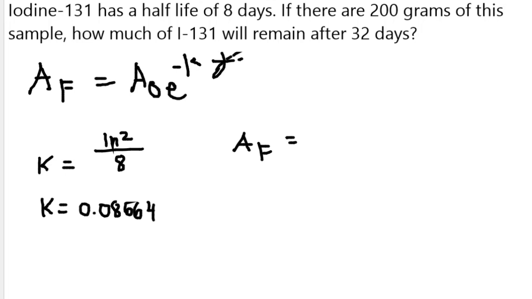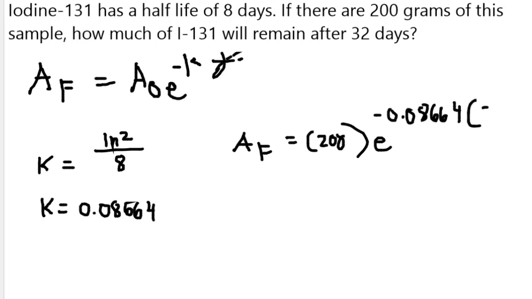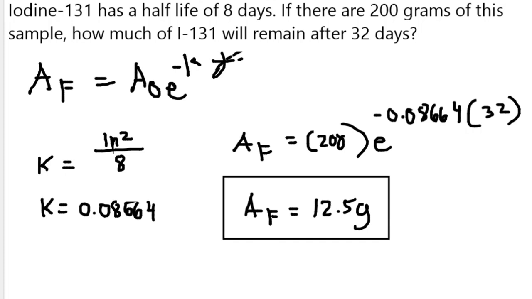Our final amount is going to be equal to 200 grams times e raised to the negative 0.08664 multiplied by 32. That's the time. So the final amount after 32 days is going to be 12.5 grams.